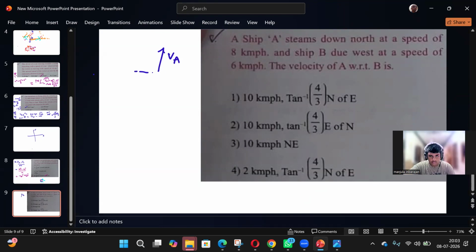So minus that will be like this. So it's minus VB. So I have to sum these two. So this is VA, which is 8, this is 6. So this angle is tan inverse 4 by 3, and that angle is north from east, or I can say north of east.